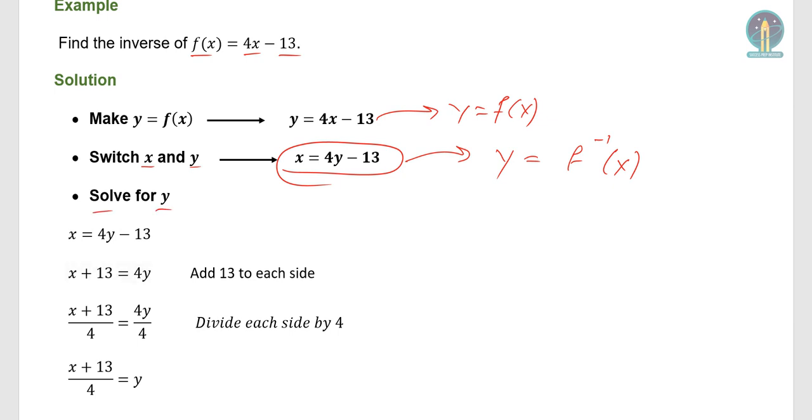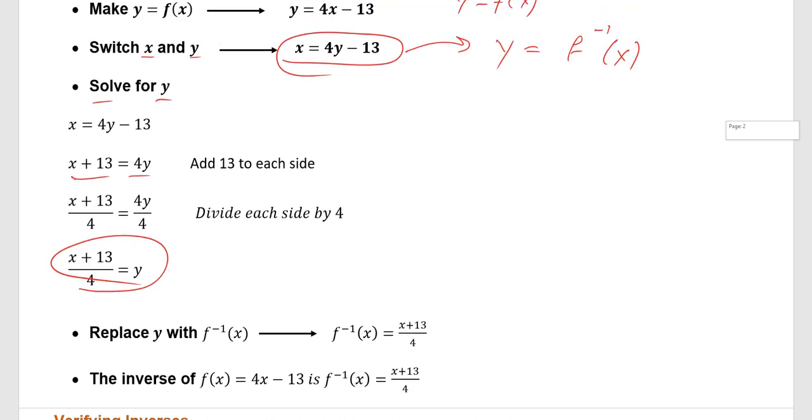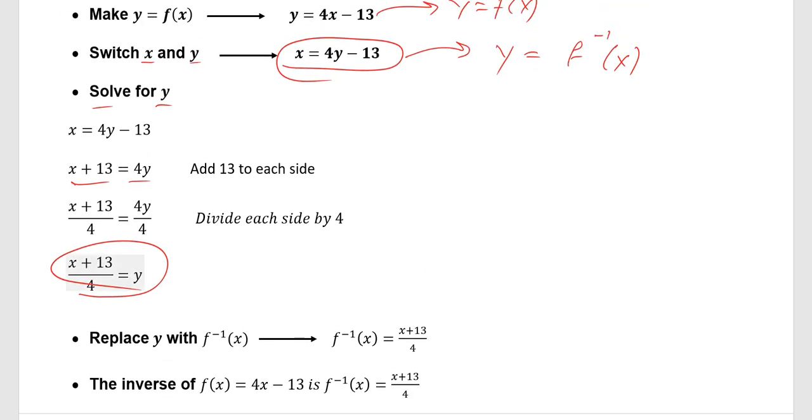So, very simple, right? Add 13 to both sides. x plus 13 equals 4y, divide by 4. x plus 13 over 4 equals y. Replace y in this case with f inverse of x, as I mentioned.